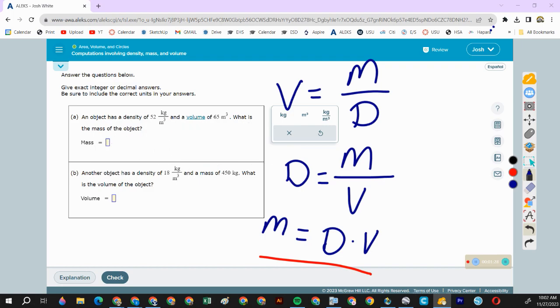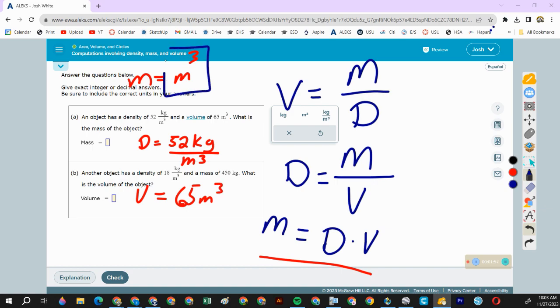So if I want mass, what is mass going to be in this problem? My density is 52 kilograms for every cubic meter, and my volume is 65 meters cubed, and I want my answer to be in a volume.